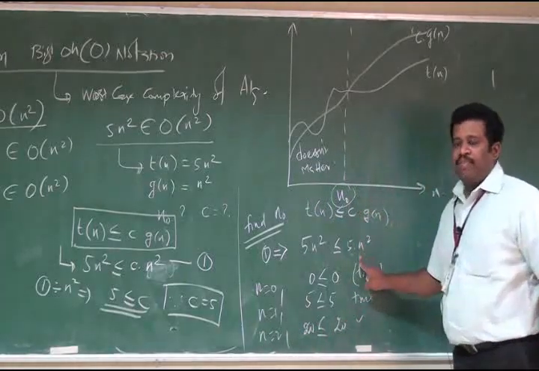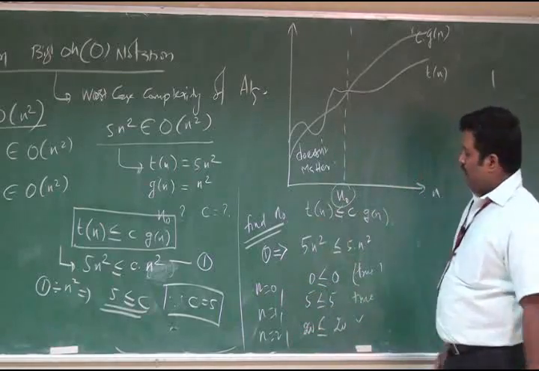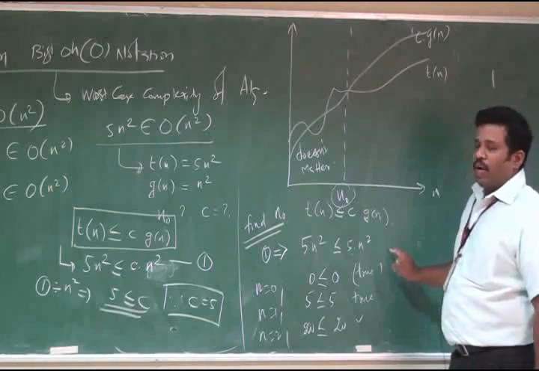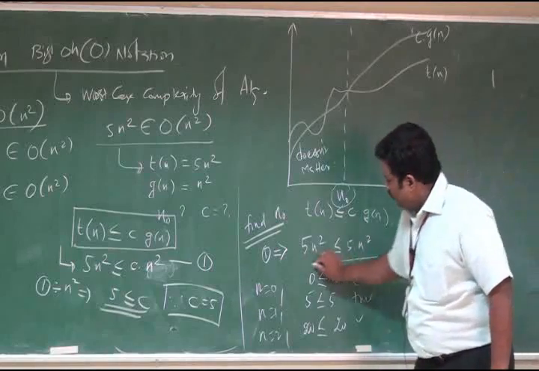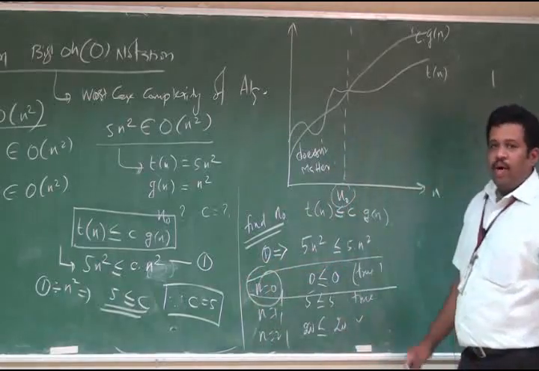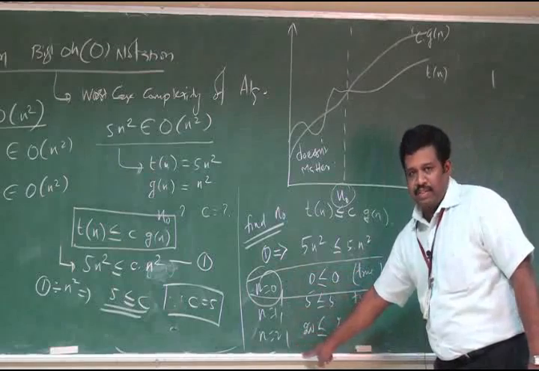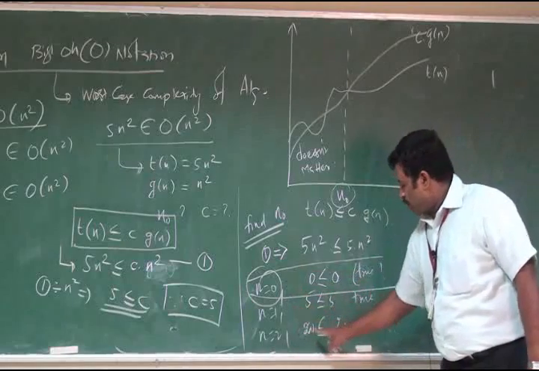You are supposed to determine this for the first 5 input instances. Among these, you select the first n value. How we can select is, first you find out for 5 possible input instances, and among these inputs it has to be true.